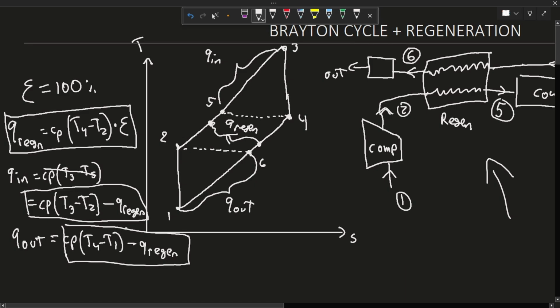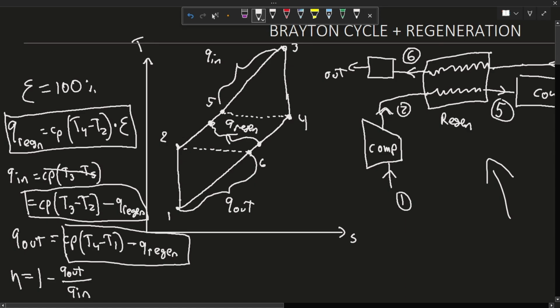That's what really separates the simple Brayton cycle from the regeneration. And for your exams, you have to know this TS diagram by heart. So if you have a formula sheet, you should write these three equations and the TS diagram. Most of your questions are going to ask the thermal efficiency, and the easiest formula to use is 1 minus Qout divided by Qin.